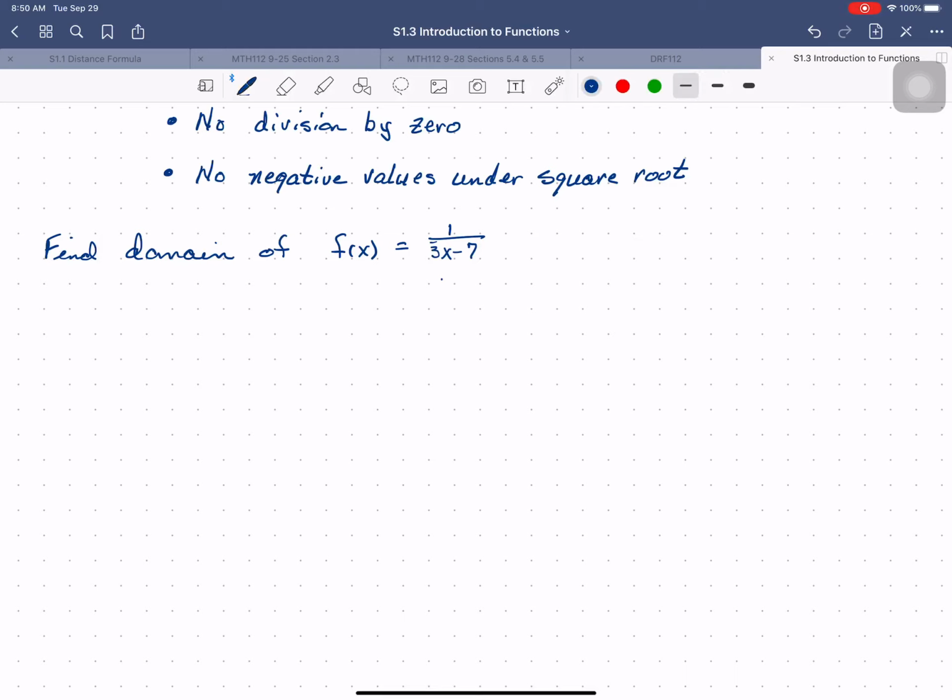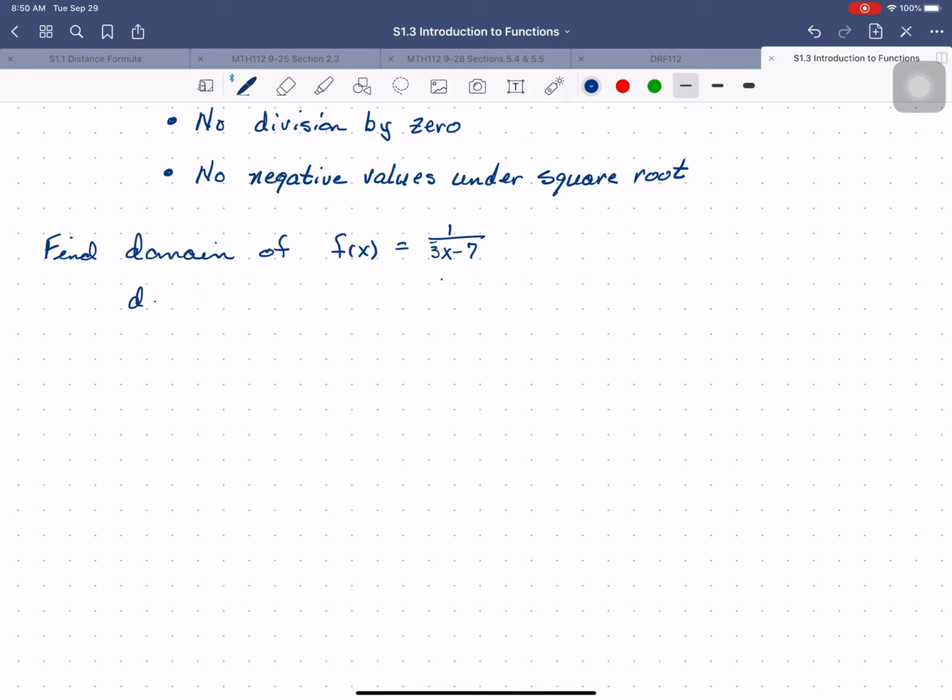So I've got my two rules up there at the top of the screen. The first rule says no division by 0. So what I know is that the set of x values for which this function has a defined output cannot include the x value that would make my denominator 0.